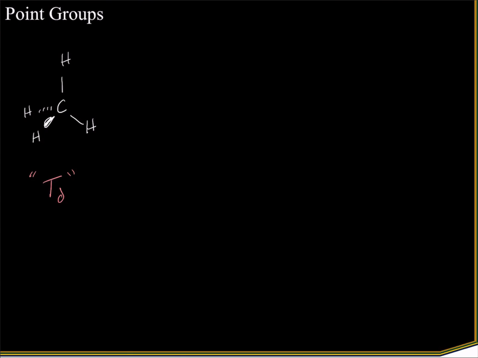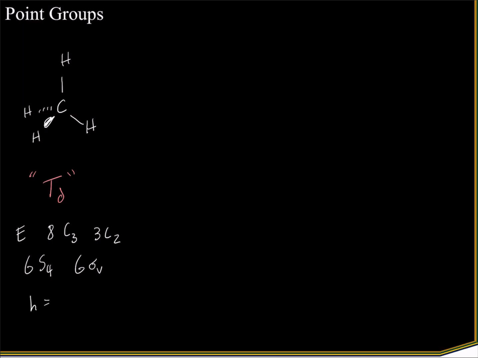You could think of this as tetrahedral, and it actually has a dihedral mirror plane, so that's where the d comes from. If we were going to list out all of our symmetry operations here, we have an E, 8 different C3s, 3 C2s, 6 S4s, and 6 sigma v's.